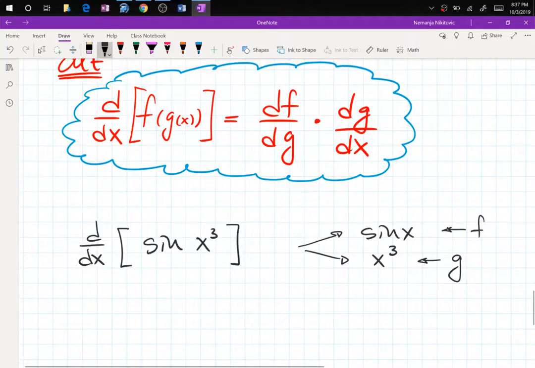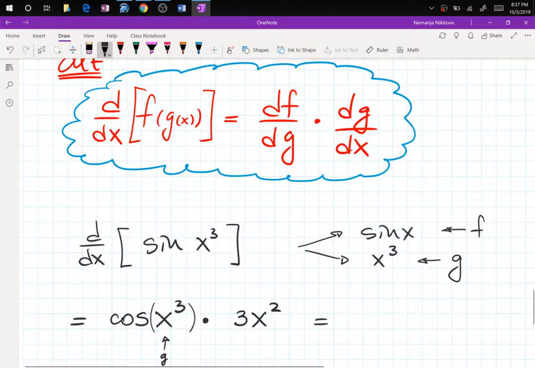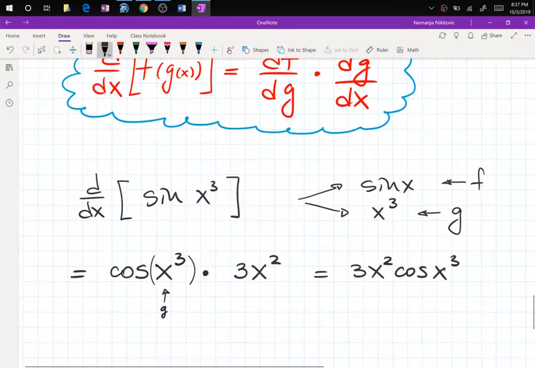What's the derivative of f? Cosine x. But it has to be cosine of x cubed, because g needs to stay plugged in. And then times the derivative of g, which is 3x squared. Simplify this into 3x squared cosine of x cubed, and that is the derivative.